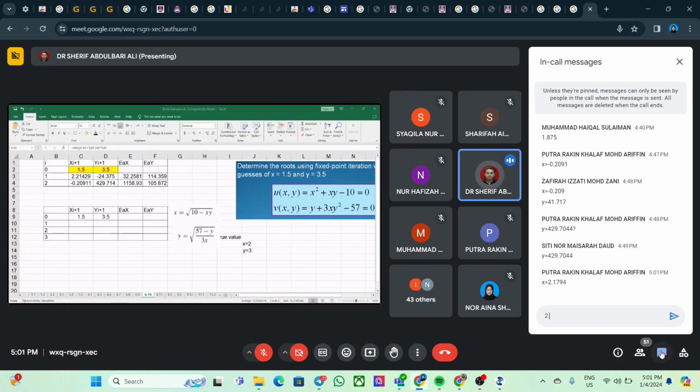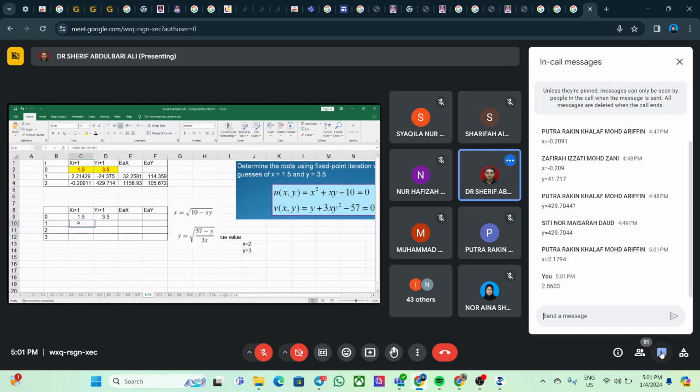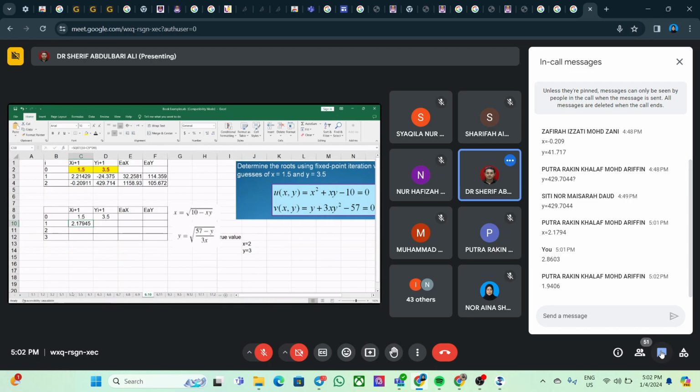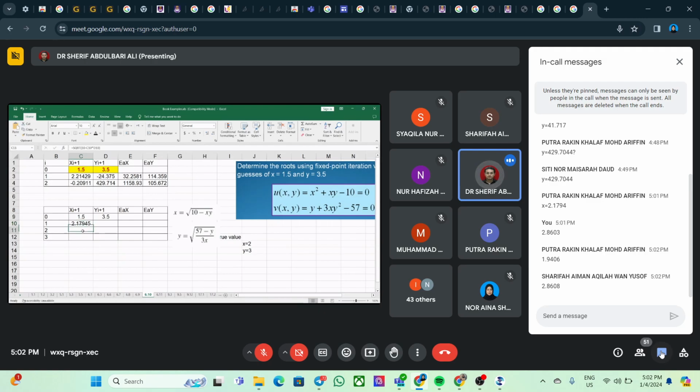And the second value, 1.9. Good. And 2.8.